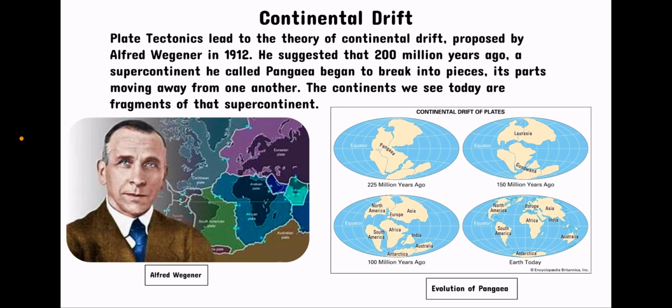And so pretty much on the chart on the right, we're going to go ahead and start off with Pangaea, which is what more or less it looked like about 225 million years ago. And then about 75 million years later, we have the two supercontinents. We have Laurasia and Gondwana, which the top is modern-day North America and Asia, with the bottom being South America, Africa, Antarctica, and Australia.